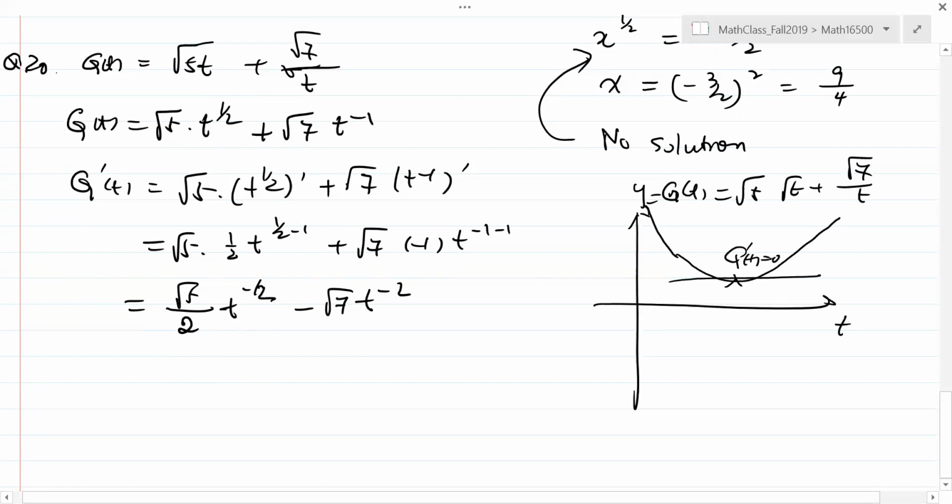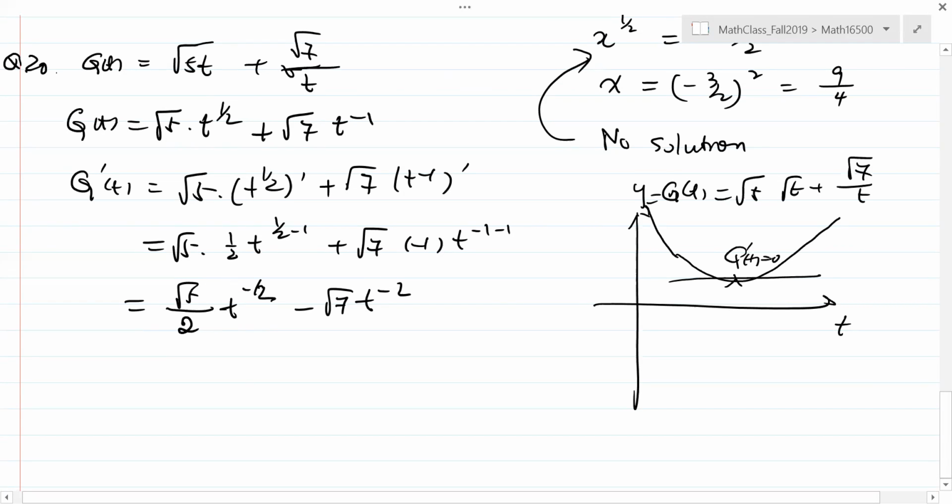Okay, why do both sides go to infinity? Look at the graph. When t approaches 0 from the positive side, square root of 7 over t approaches infinity. That's why, when t gets close to 0, the graph gets high.